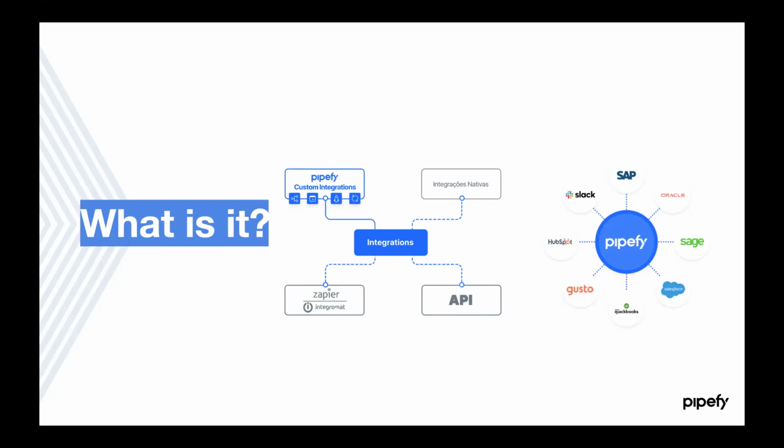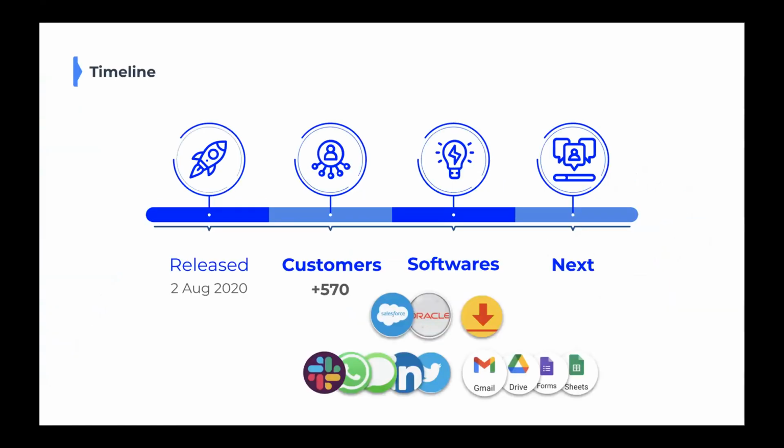Okay. Now let's talk about our timeline until today. We released our custom integration on the 2nd of August of this year, and maybe 2 or 3 weeks after we released that, more than 570 customers asked for custom integrations.